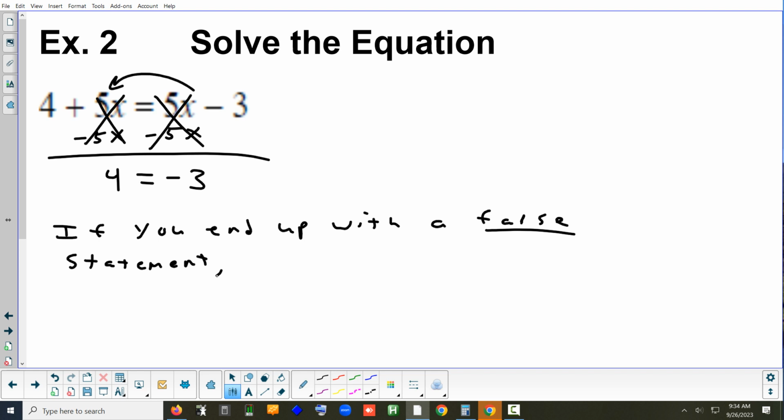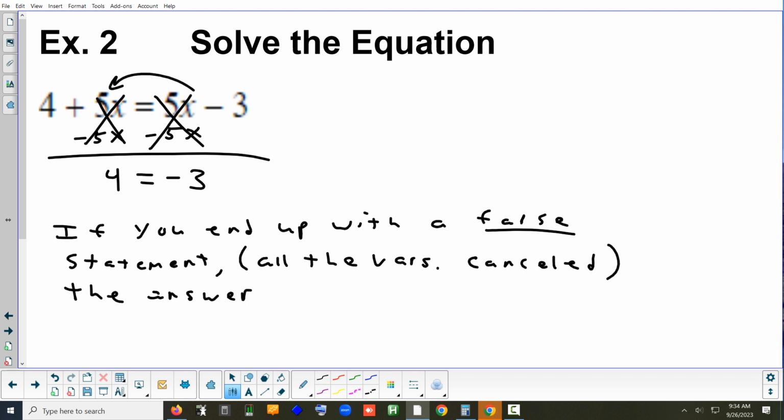So if you end up with a false statement, this means all the variables canceled. That's how that happens. All the variables canceled out. So if you end up with a false statement, the answer is no solution.